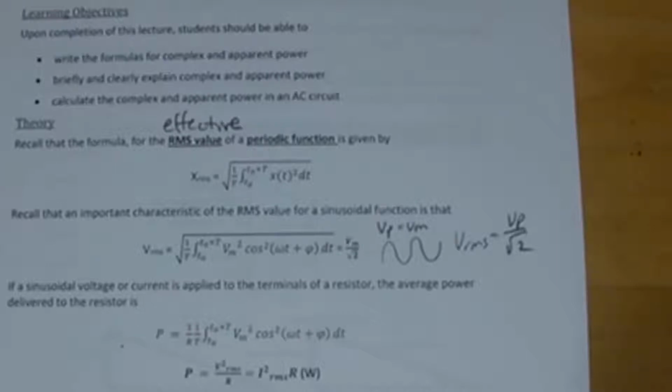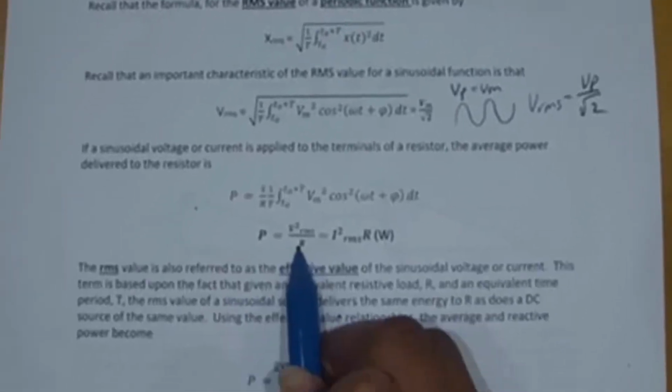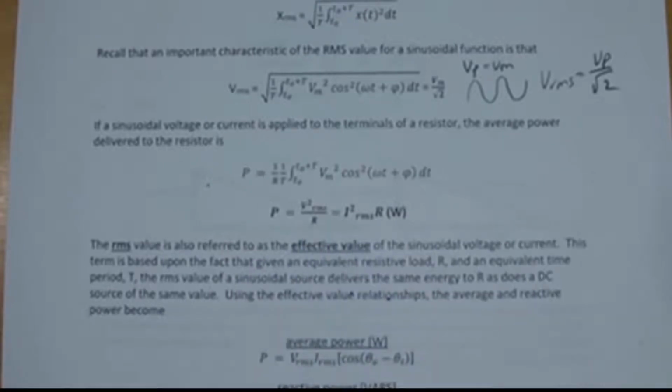Okay? If you have a resistor, your average power is now VRMS squared over R, or IRMS squared times R. Those formulas should look familiar to you because they are the same formulas that we had for DC power, except now it's RMS. So the formulas are the same if it's RMS.